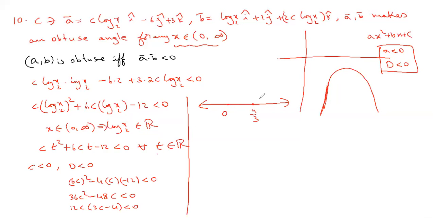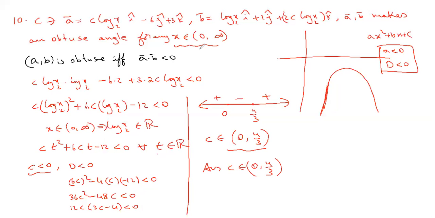And the c square coefficient is positive, so plus, minus, plus. You want the product to be negative. So c belongs to the open interval 0 to 4 by 3, and c less than 0, both should be satisfied. Only in that case, for all real values of t, this expression will be negative.